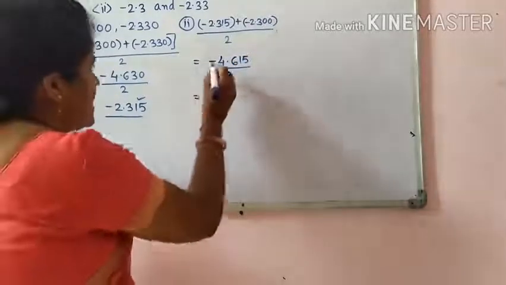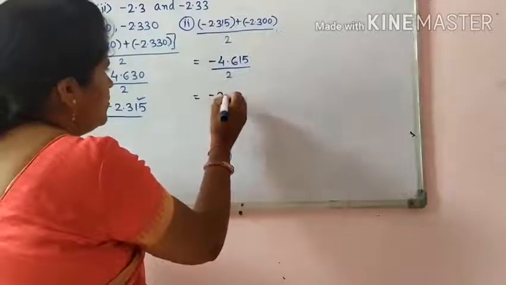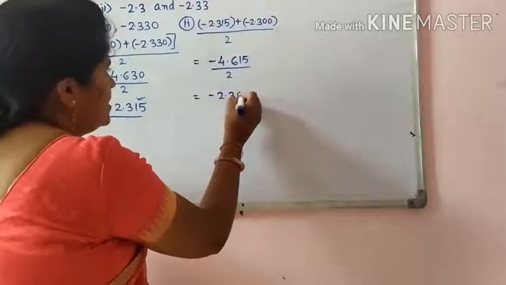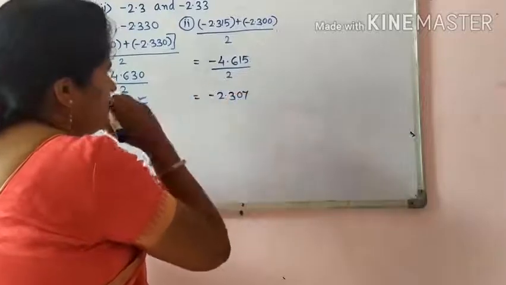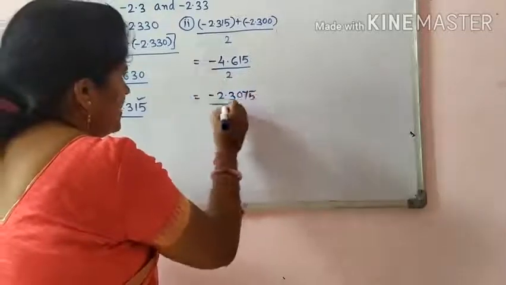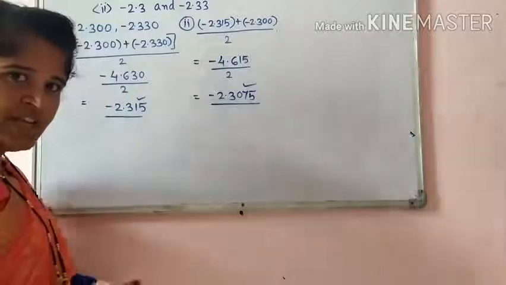So this minus as it is minus 2.3075, 2 3s are 6, 0, 2 7s are 14, 2 5s are 10. So this is second rational number.